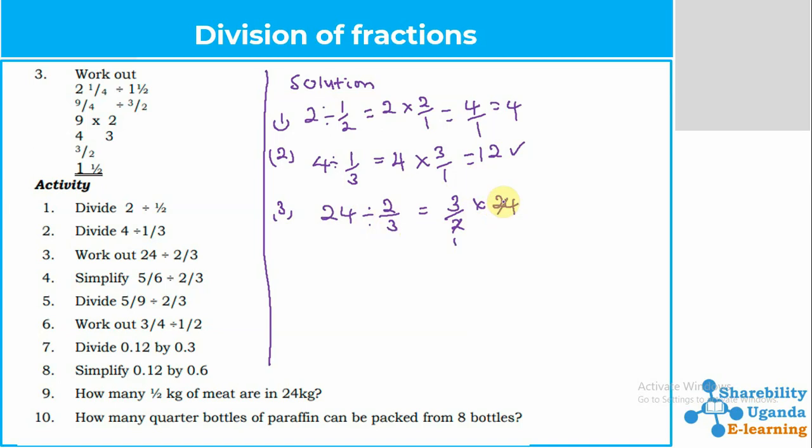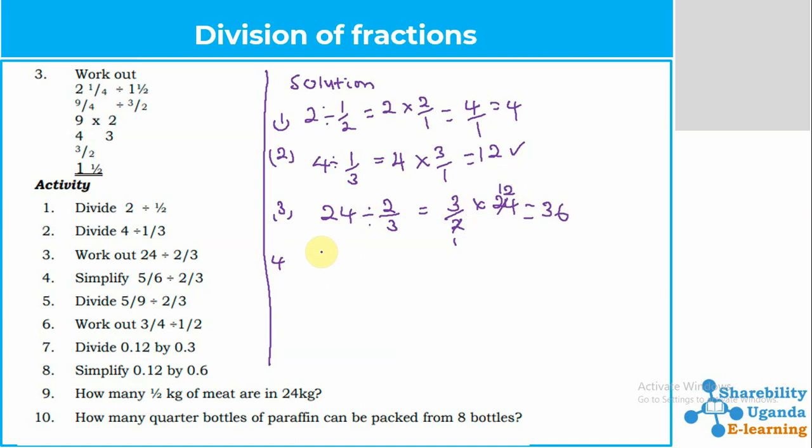What is 3 times 12? 3 times this 6, 3 times this, here we get our answer 36.